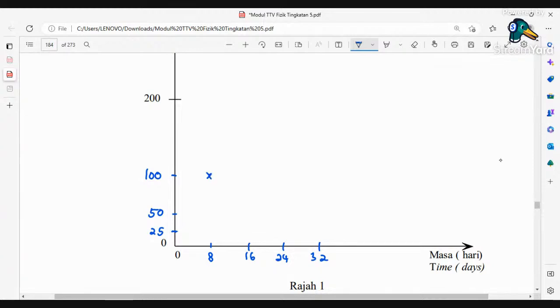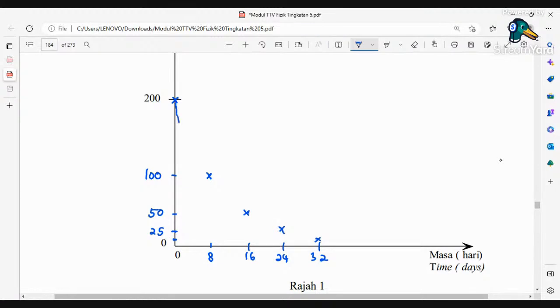After 8 days is 100. After 16 days, 50. Okay, 24 days, 25. 32 days, half of this one is 12.5. Initial mass 200.